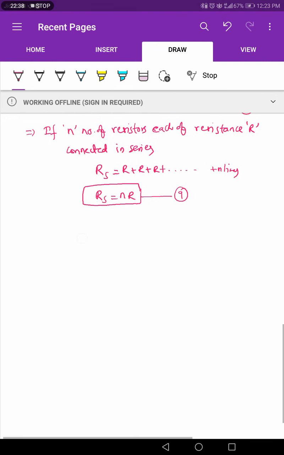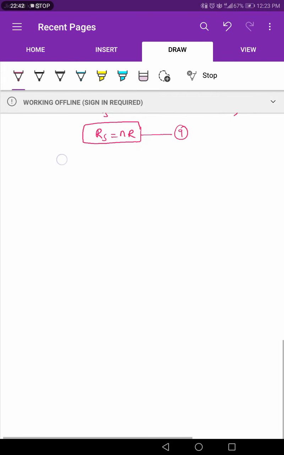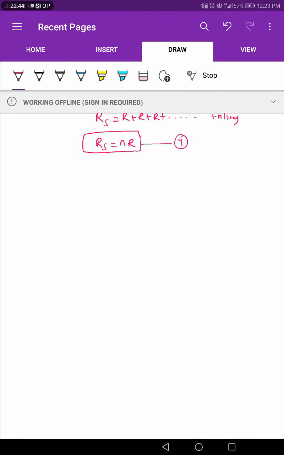After this we have to discuss how much current is flowing in the circuit. Next point, current in the circuit.